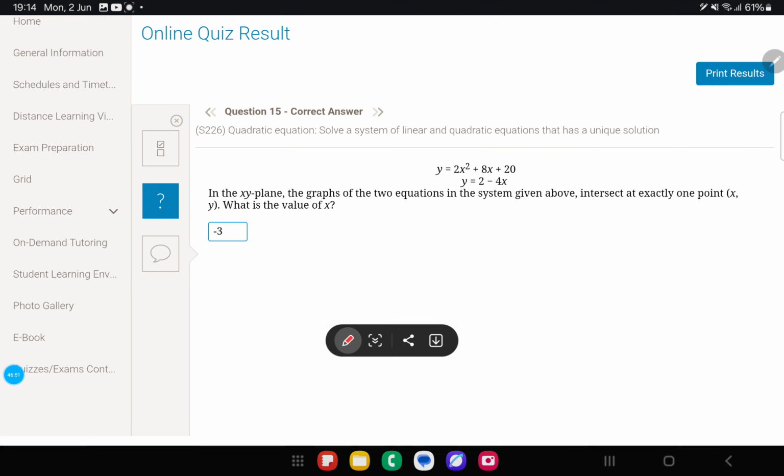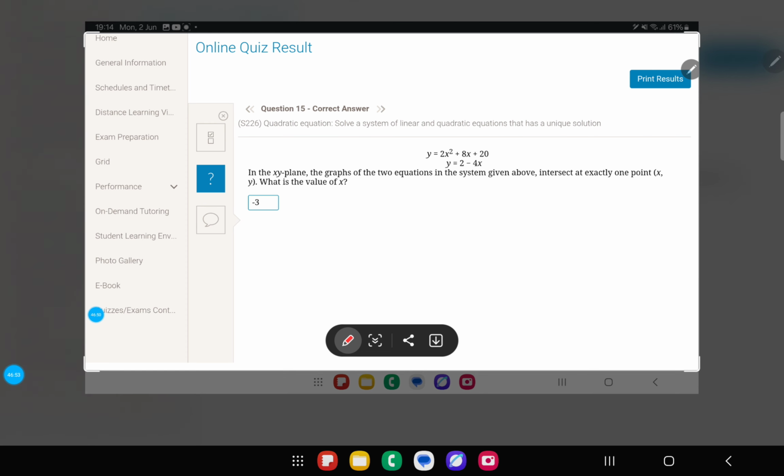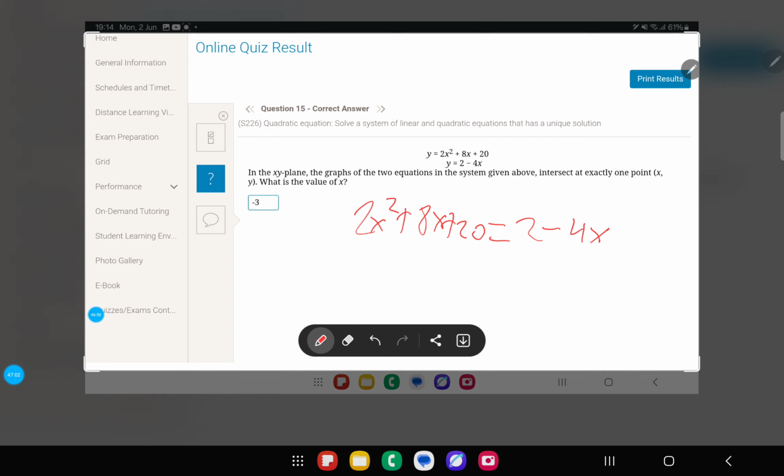Now we're gonna do basically the same thing. 2x squared plus 8x plus 20 equals 2 minus 4x. Okay, so we're gonna factor it. Before you factor it, you're gonna have to flip them to the other side. Flip 2 and negative 4x.